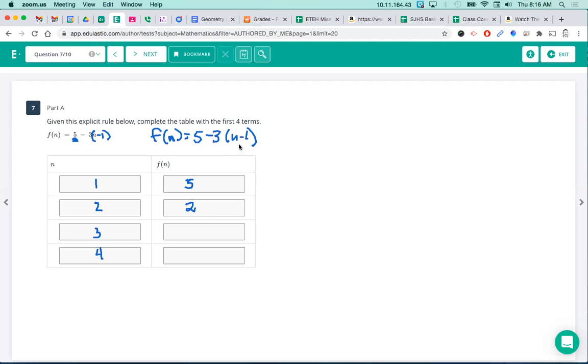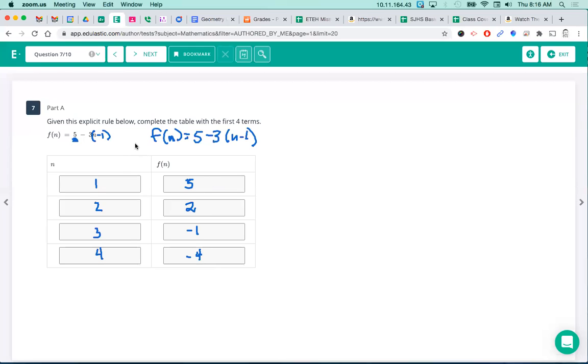When we go up one more, it'll be 3 minus 1, which is 2. And 3 times 2 is 6. So 5 minus 6 is a negative 1. And when we plug in 4, we'll end up getting negative 4.